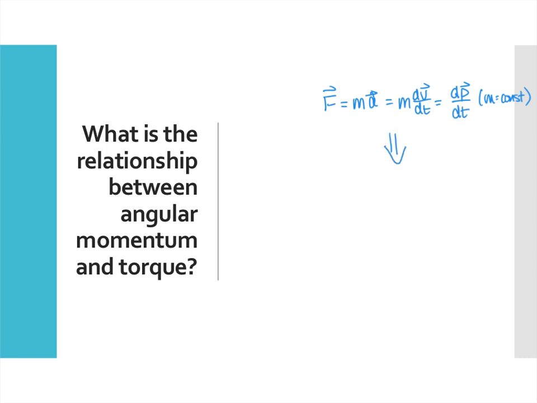So we might make the assumption that if we substitute all these quantities by their rotational equivalents, we would come up with the fact that torque would be equal to the derivative of angular momentum with respect to time. So we think this is true. So let's try to show it.